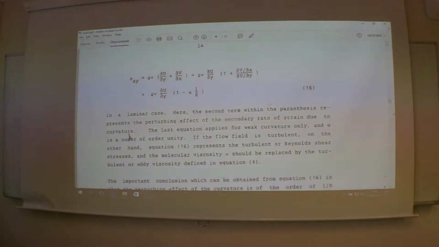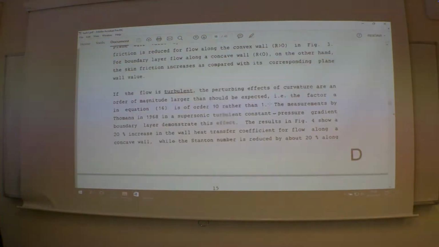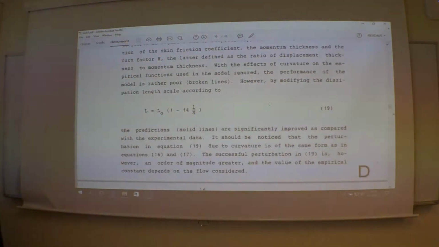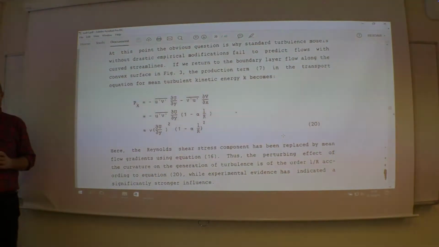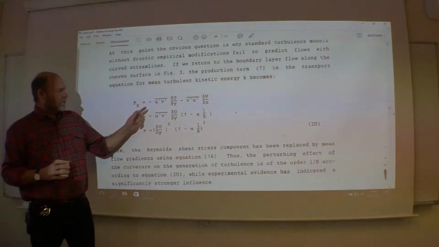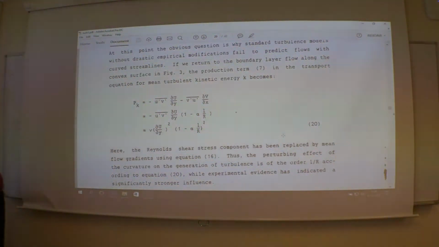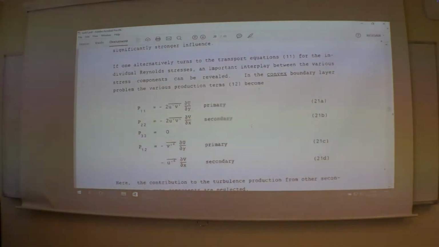I won't go through the details in this argumentation they use here. I find it a little bit tricky. They are using the Reynolds stress model, coming up with some arguments which I find quite difficult to follow, actually, when you start looking at the different Reynolds stresses and which one is generating the other, changing the production term for one creates more of the other, and so on.